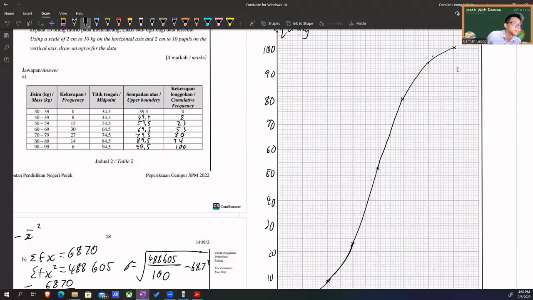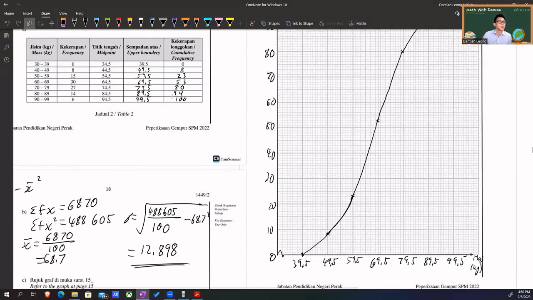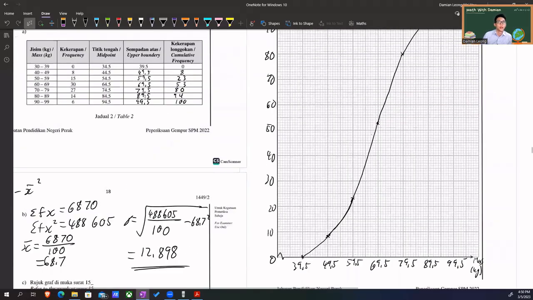Something like that. Okay. Yeah, that's the graph.